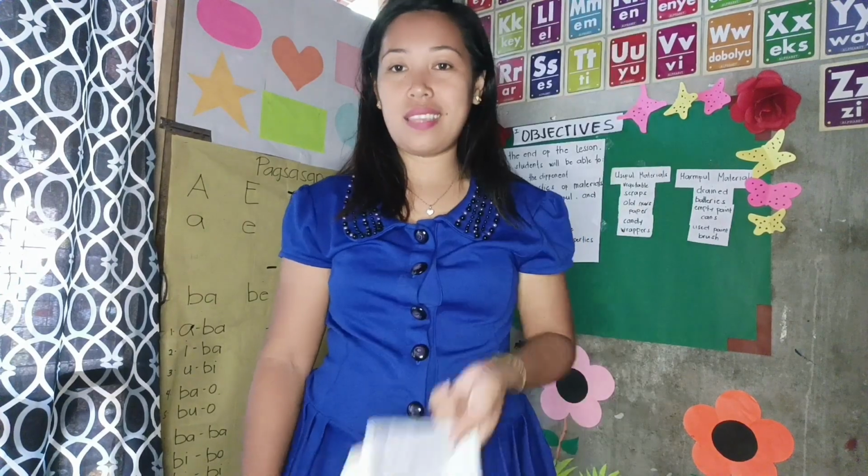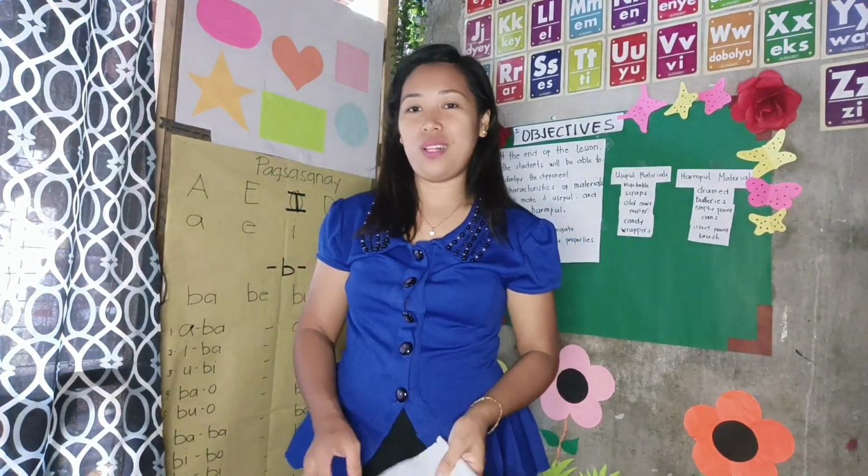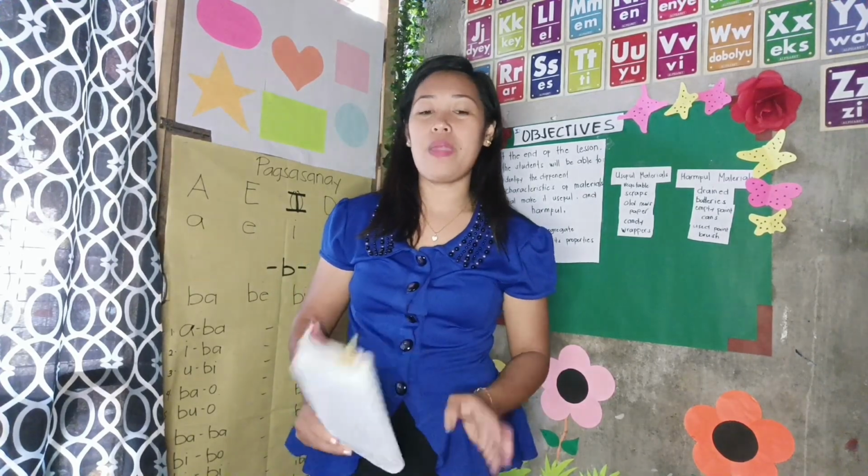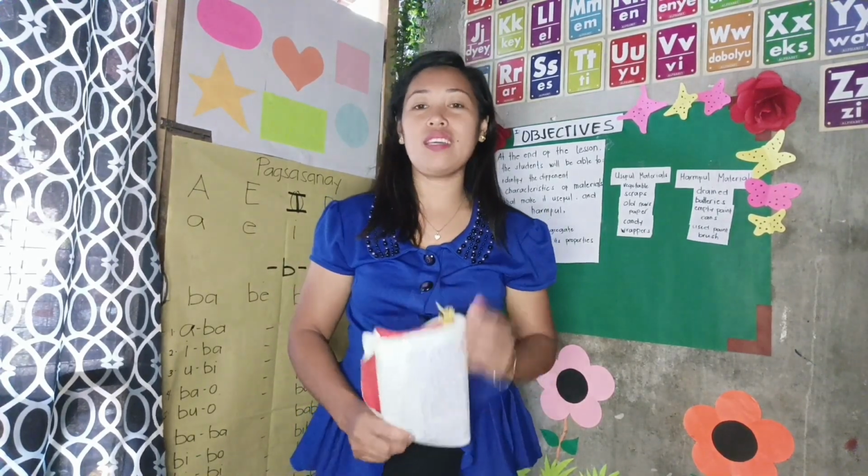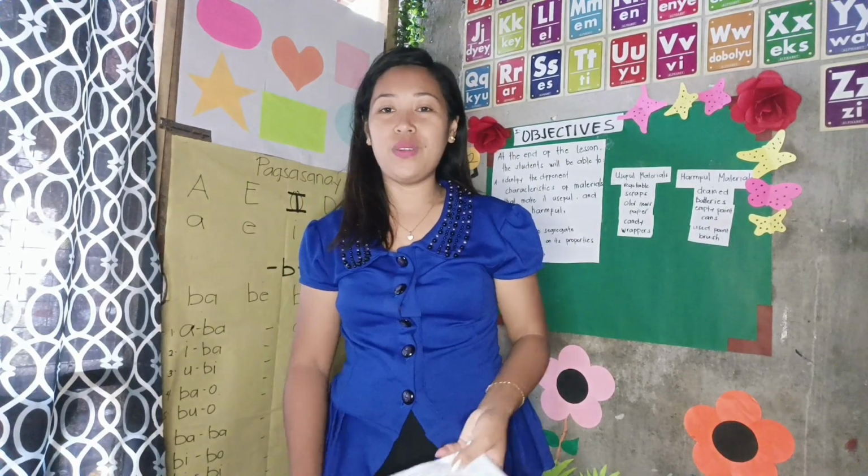Number 5. Non-biodegradable materials can be decomposed by bacteria or other living things. Is it true or false? Okay, so are you done? Okay, exchange papers and we're going to check if your answers are correct.